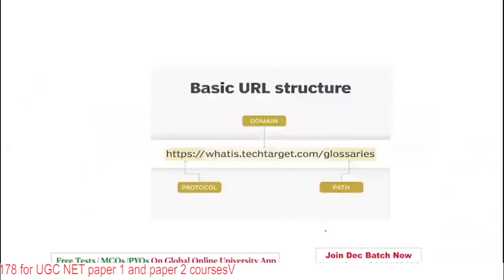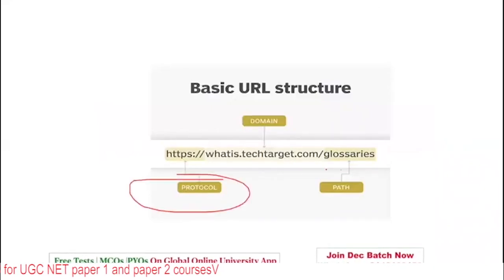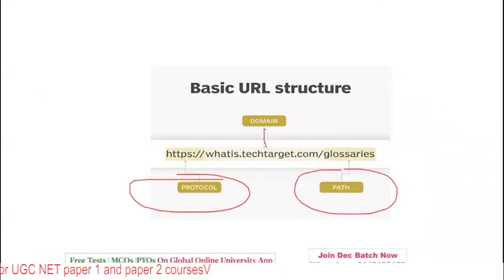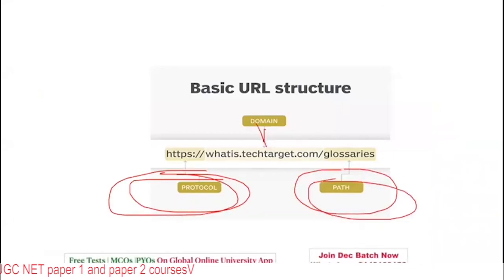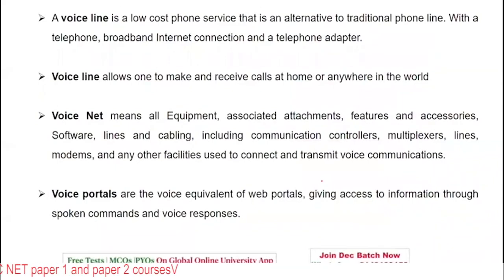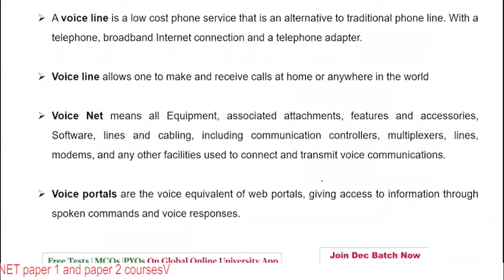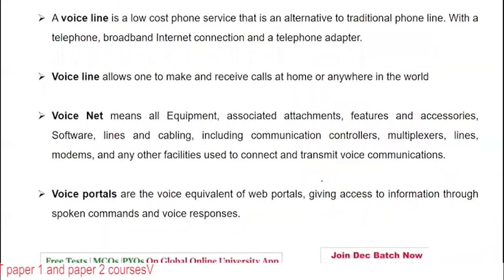Now, how is your URL divided? It is divided into three parts: protocol, domain, and path. Then you have another topic with respect to voice line, voice net, and voice protocol. What is voice line?